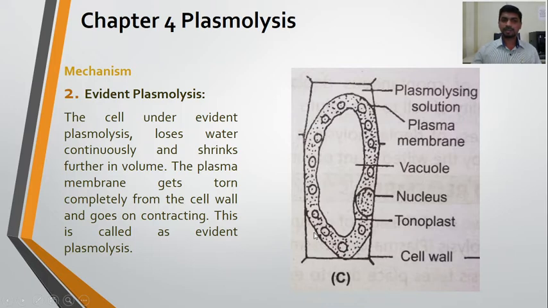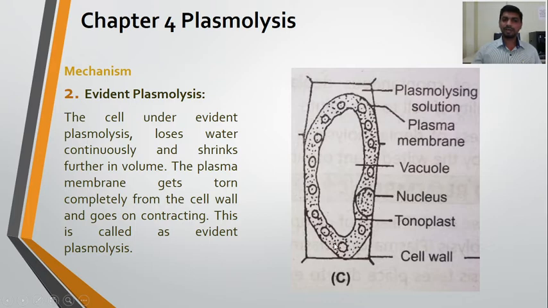Evident plasmolysis occurs after incipient plasmolysis, where the cell loses water continuously and shrinks further in volume. This shrinkage results in the plasma membrane getting separated from the cell wall and going on contracting.